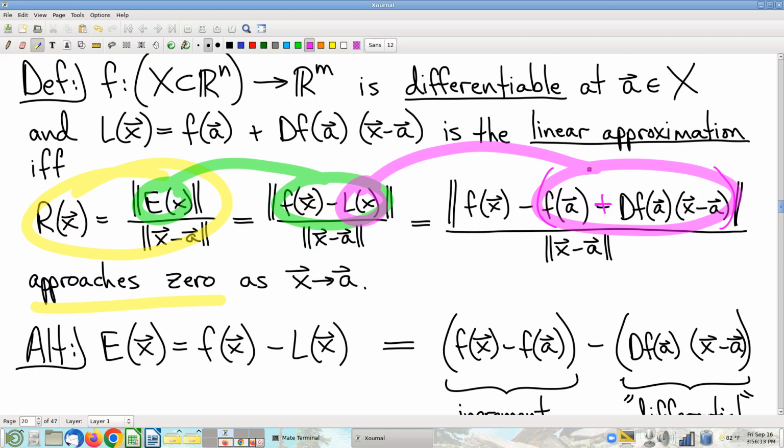All it's saying is relative error should approach 0. It's really not that big a deal. That said, it is clunky. It's awkward to deal with. It's not something that I wish we did, but it's not something we have time for at Math 219. And so I'm not going to make you manipulate and deal with any of these things. But if you ever see the definition of differentiability, this is where it comes from.